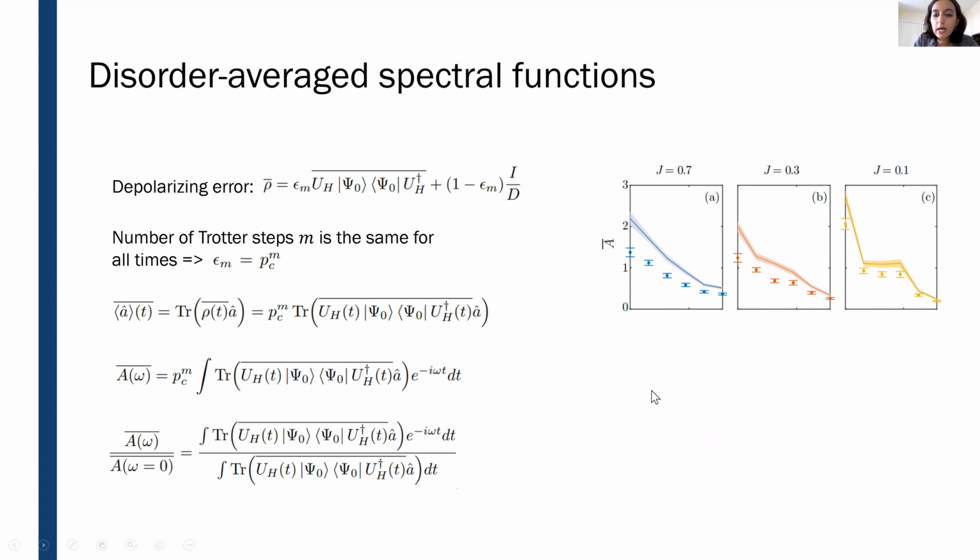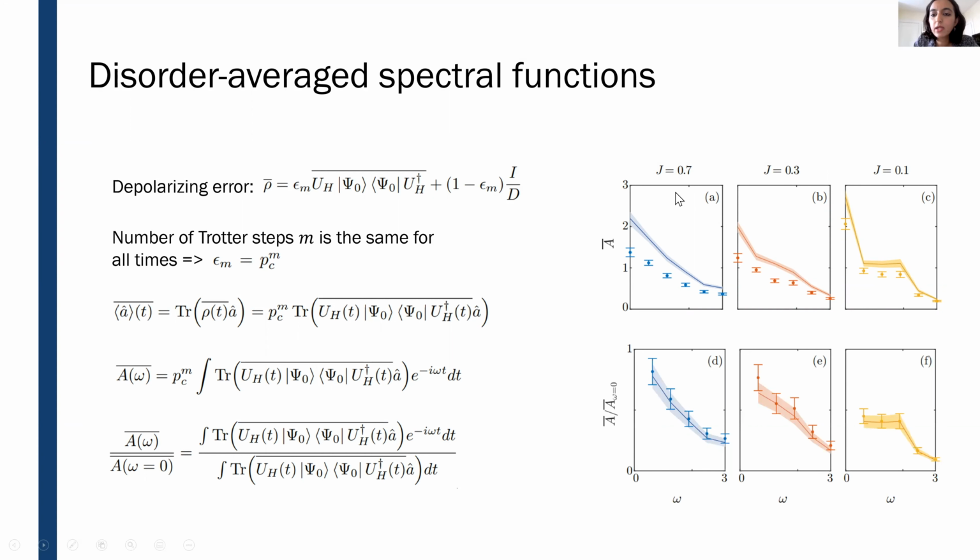So the top panel, for instance, shows our measured spectral function as a function of frequency. The solid lines are the theoretical value, and the blue points are the experimental value.